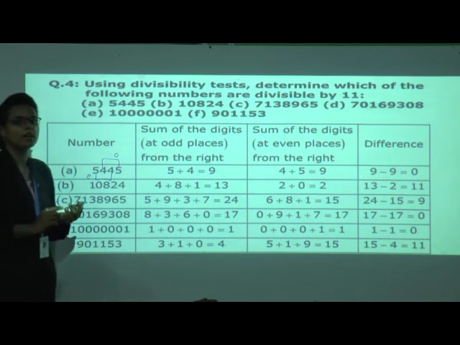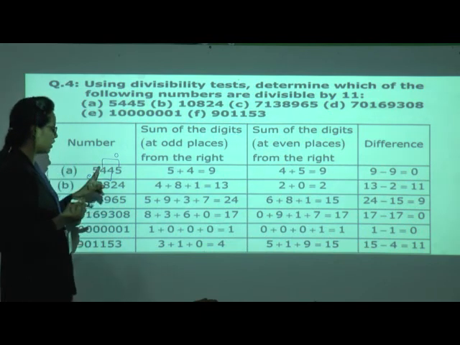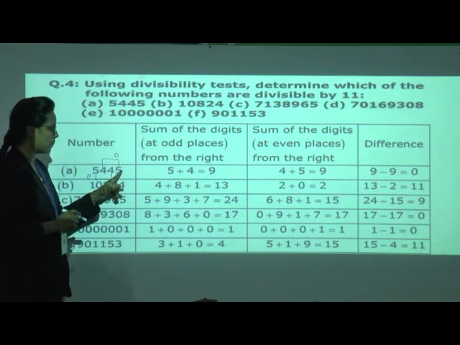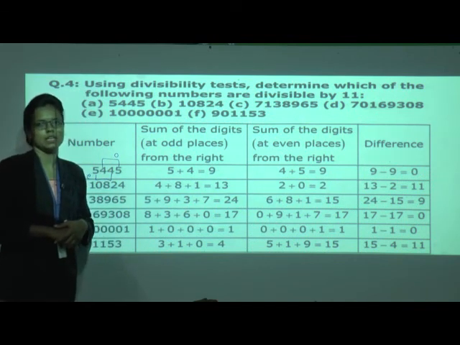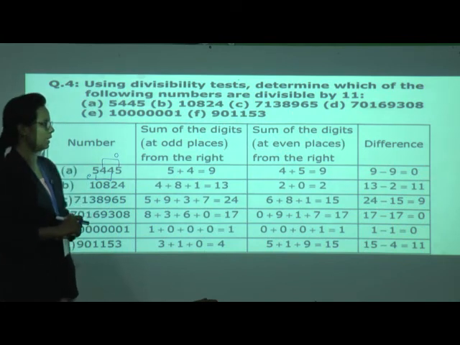We first add the odd places and then the even places, find the difference, and then tell whether the number is divisible by 11 or not. Okay, so let us see.